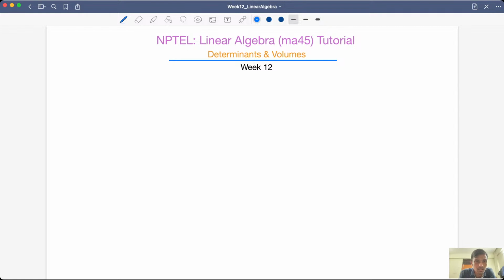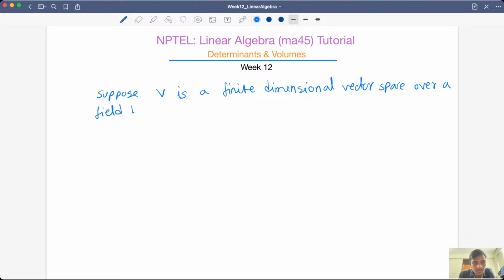So suppose again the setting is: suppose V is a finite dimensional vector space over a field K, and say T is a linear map from V to V.